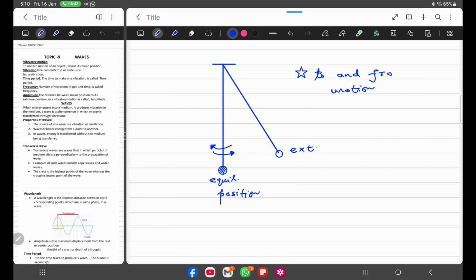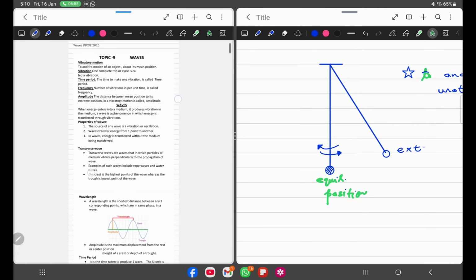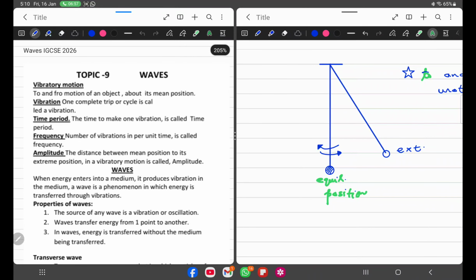And when any object moves to and fro about its mean position, then such a motion is called vibratory motion.